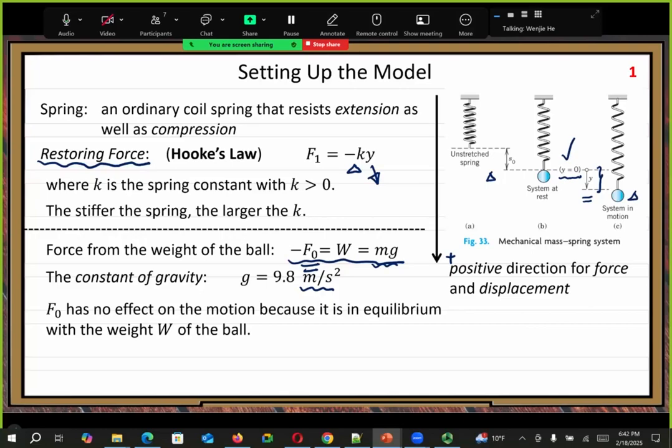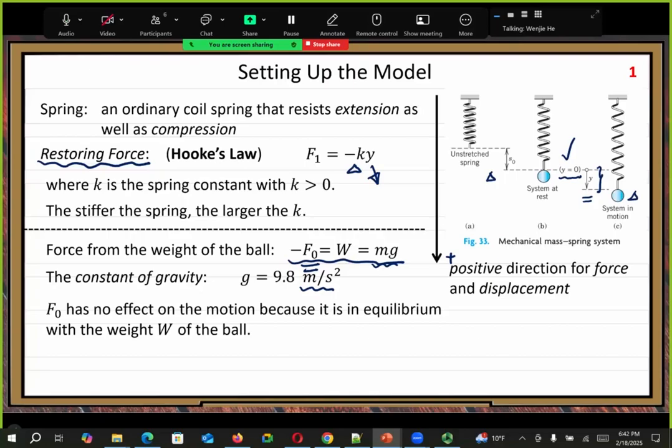It's always a constant. After the system is balanced, you can ignore F0, because there is no change. The changing part is only F1. So for that reason, we do not consider F0.